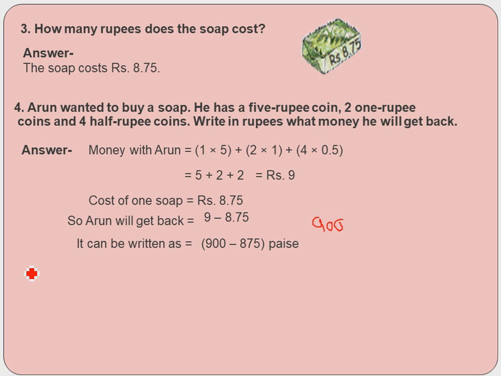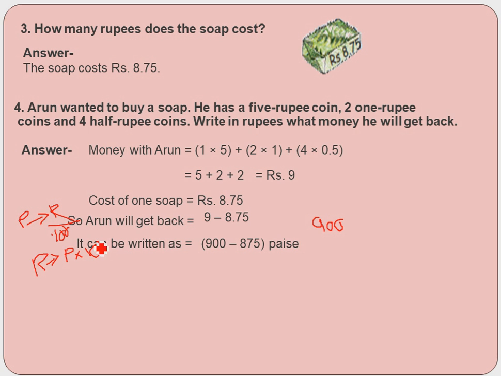If you convert paisas into rupees, you divide by 100. Always remember that if you are converting paisa to rupee, you divide by 100. If you are converting rupees into paisa, you multiply by 100.